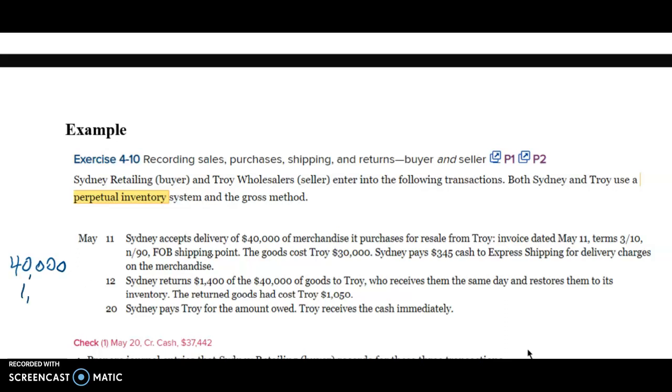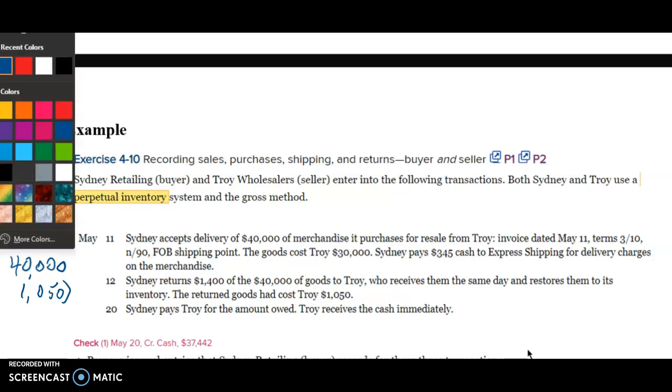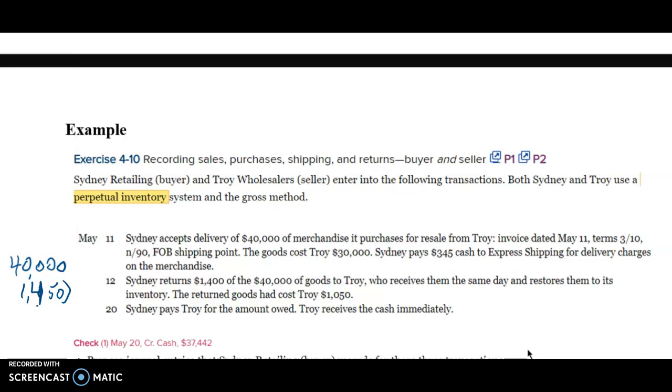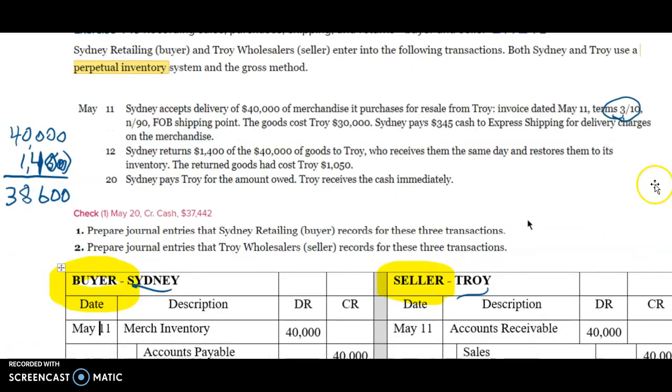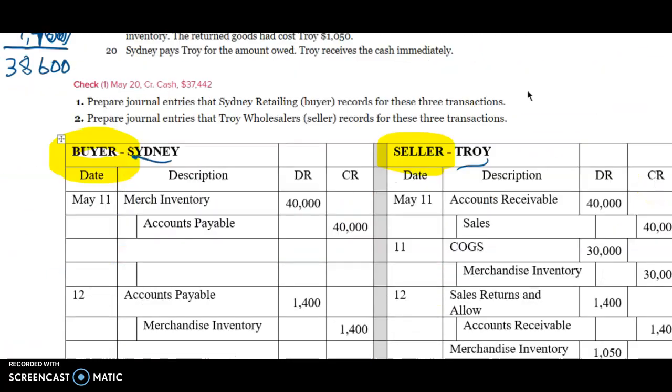Then they returned $1,400. I was looking at that and I was like, no, I just did that, and I could have sworn it was $1,400.